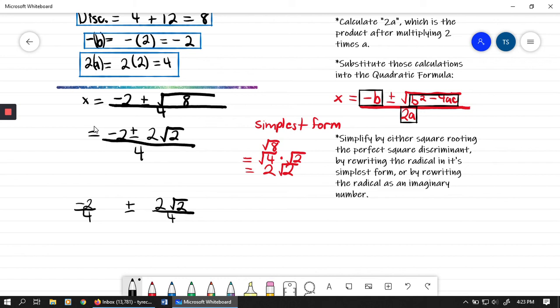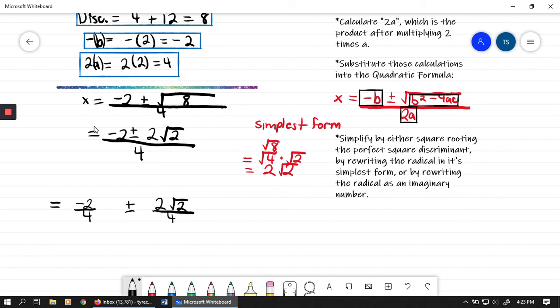This is the same thing as writing 2 separate fractions with the same denominator. And for anybody who remembers how to add or subtract fractions with the same denominator, you already know that this is true.